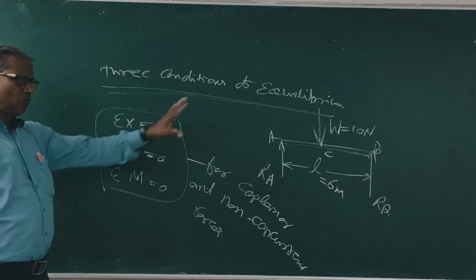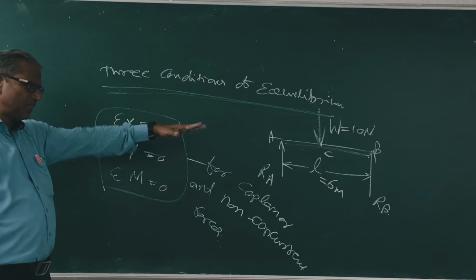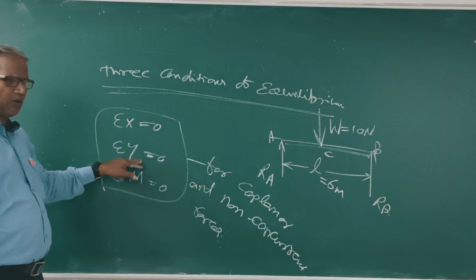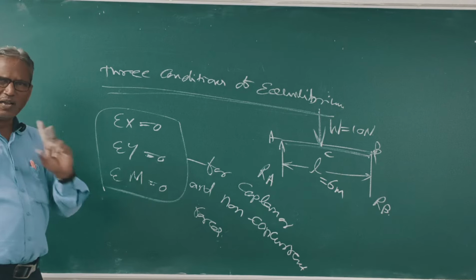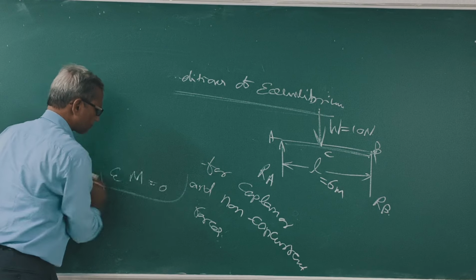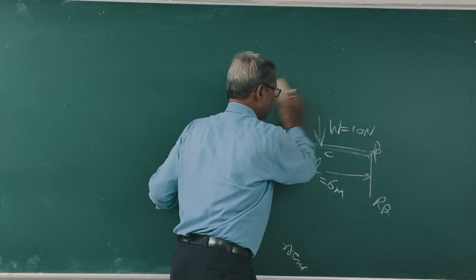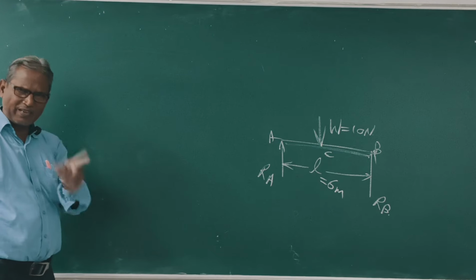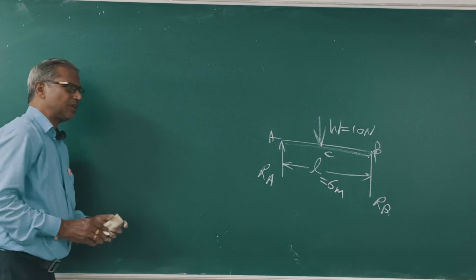Okay, we will apply these three conditions for this problem. In this case, there is no x component, so sigma x 0 is not applicable. We will apply sigma y 0 and sigma m 0. Clear? Now, first you should clearly understand what is sigma x, what is sigma y, what is sigma m.